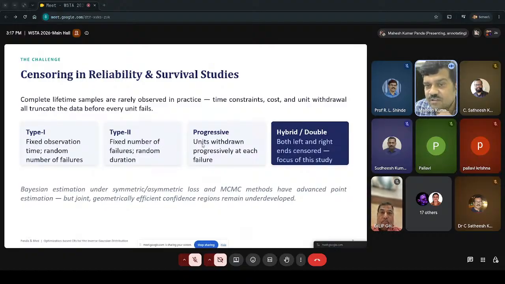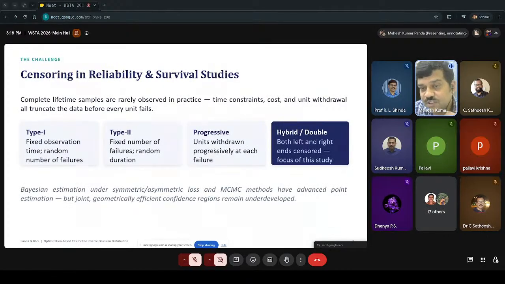Subsequently, in 94, Aggarwala and Balakrishnan introduced progressive censoring schemes, where units are withdrawn progressively at each failure. And there are hybrid censoring schemes, where both left and right end censoring are considered. Our study will be based on this hybrid, or double, censoring scheme.